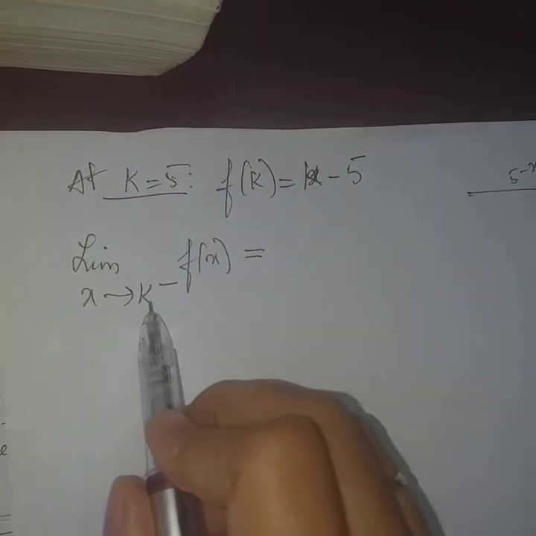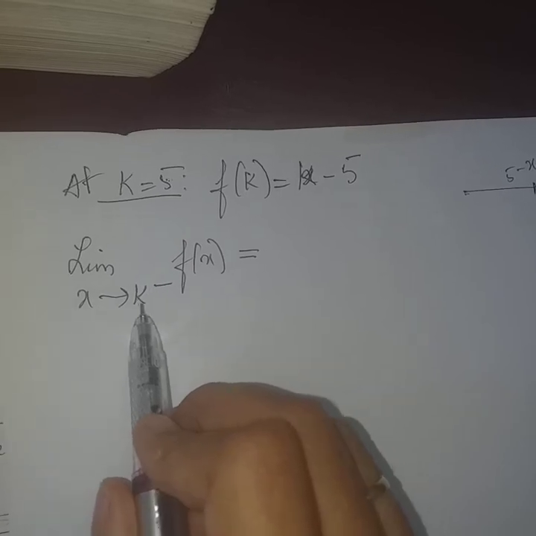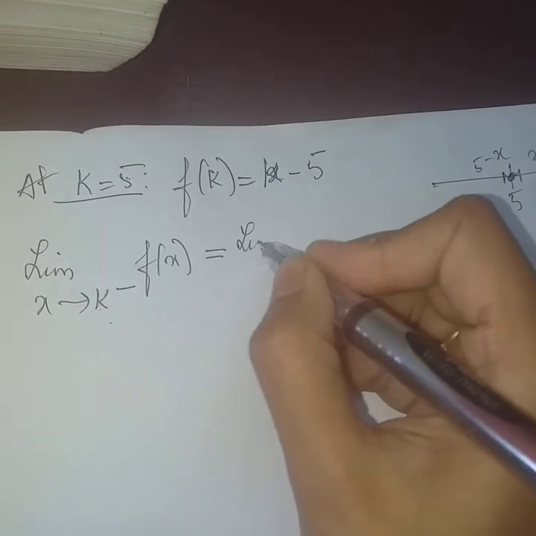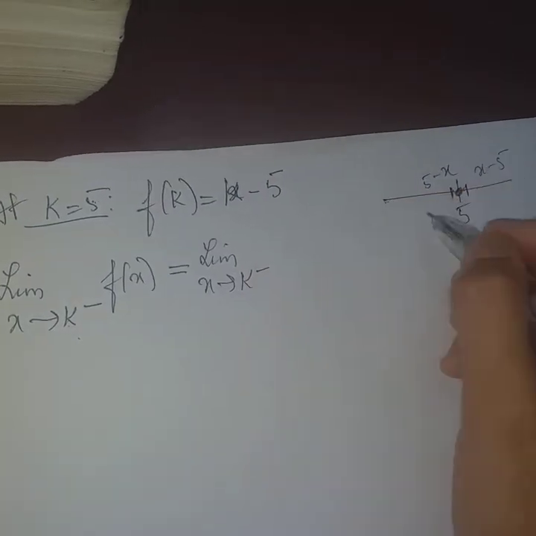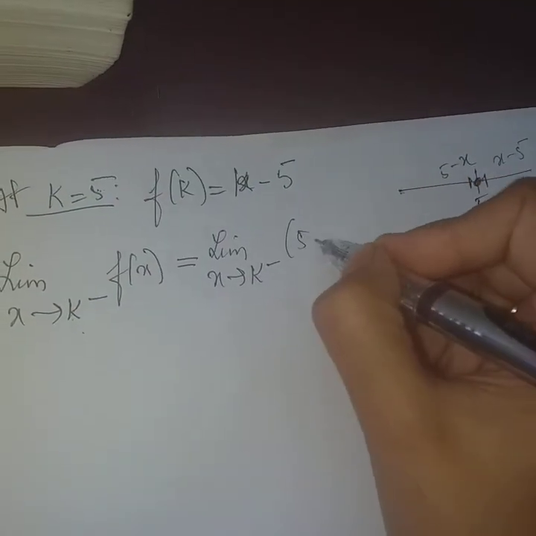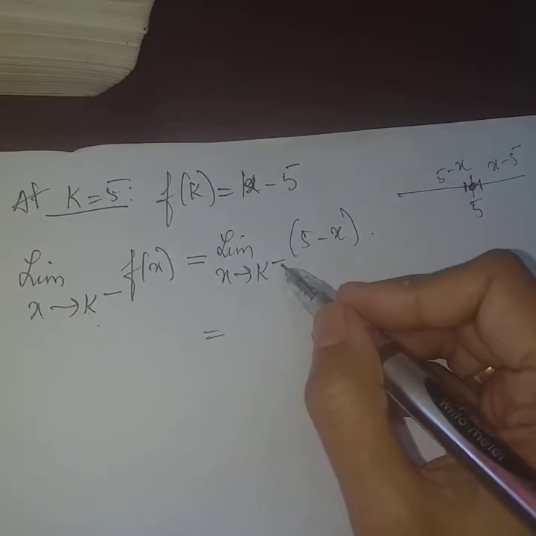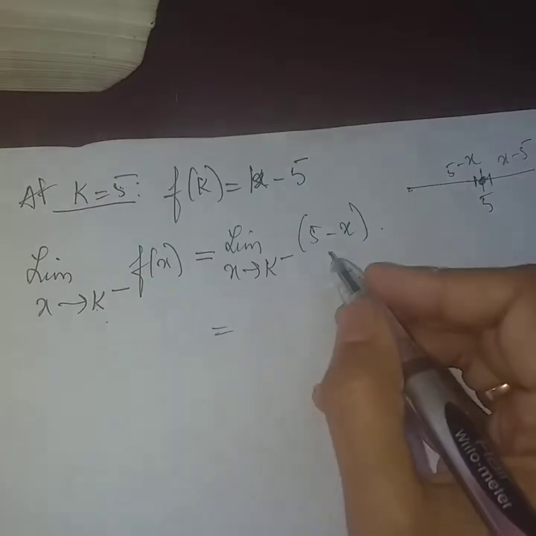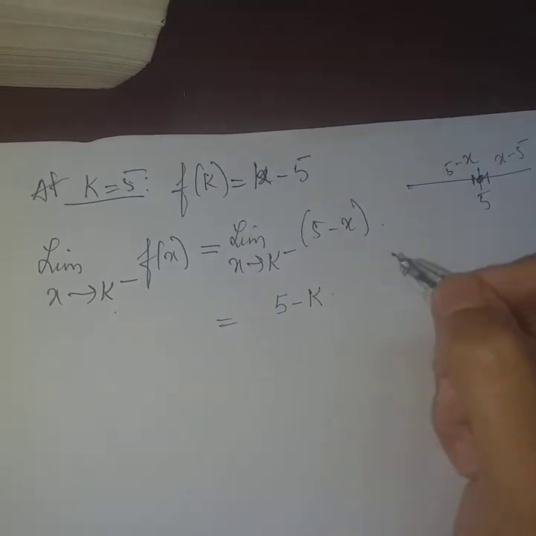So for the left hand limit, that is for a point slightly less than 5, the function will be 5 minus x.